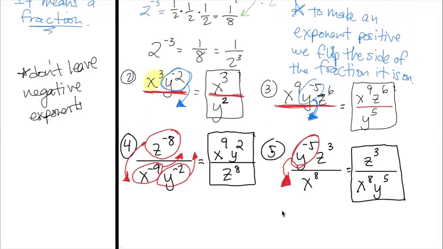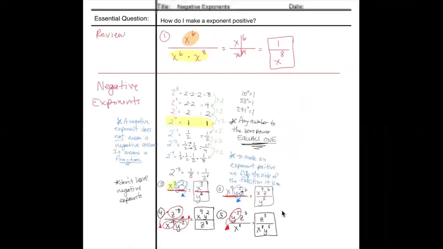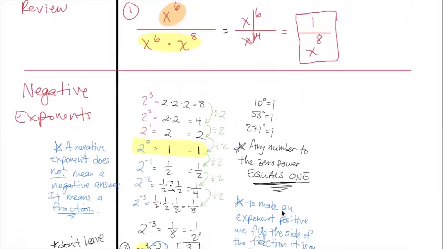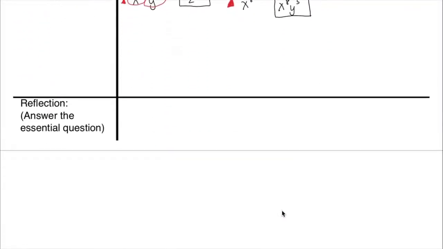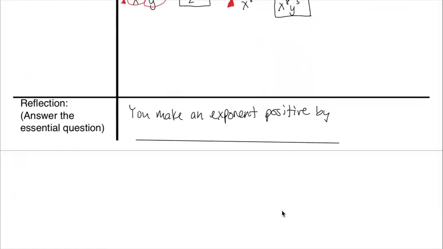Good. Our essential question today said, how do I make an exponent positive? You make an exponent positive by doing what? Look in your notes. It's written in your notes.